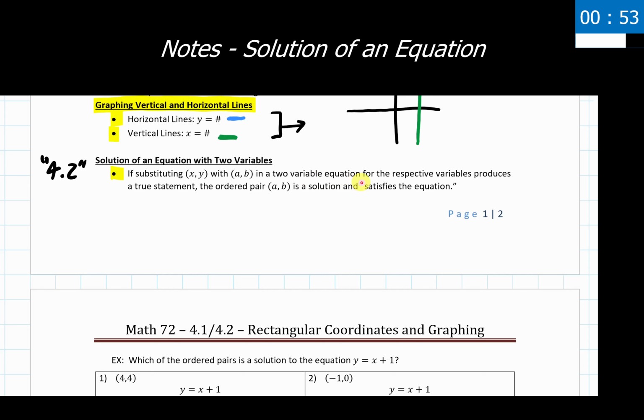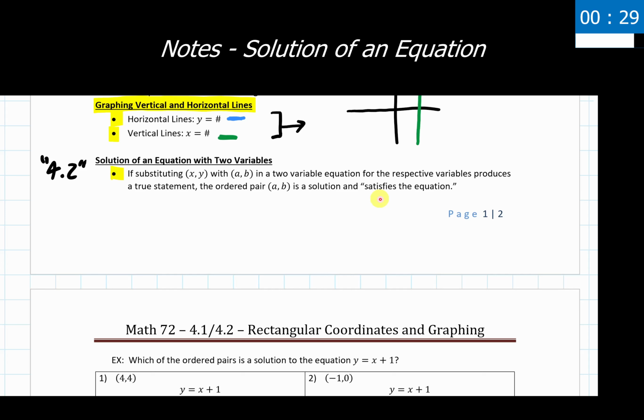If a two-variable equation for the respective variables produces a true statement, which is a really fancy book way of saying the left side of the equal sign is equal to the right side of the equal sign, then the ordered pair (a, b), or whatever those numbers are, is a solution and therefore satisfies the equation that we have been given.